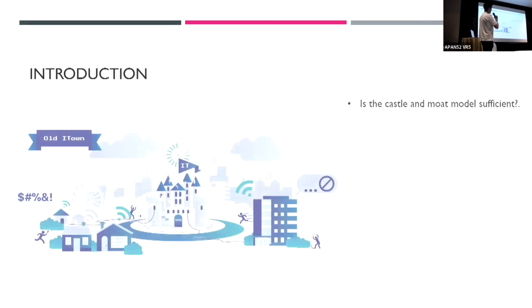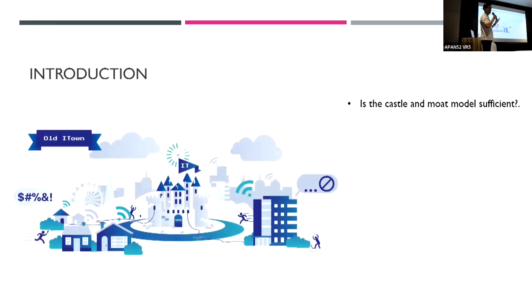We know what the nightmare is for every IT administrator or network engineer: network security. It's very important, and administering security has become very hard with every new technology we have right now. So there is this question: is the castle and moat model sufficient?